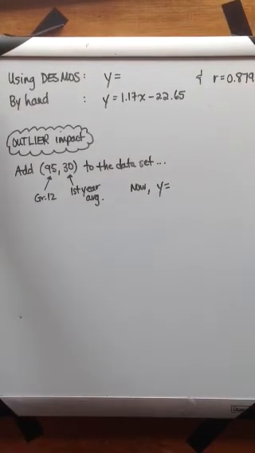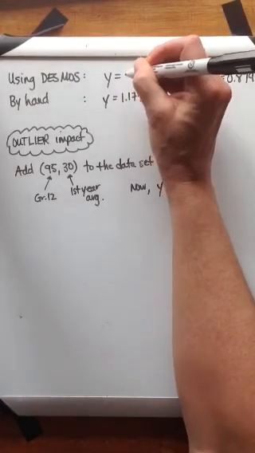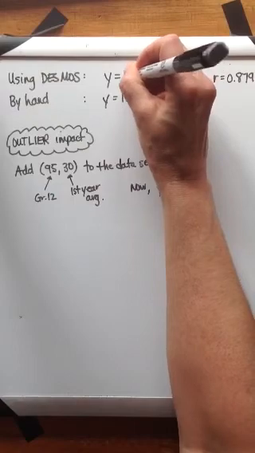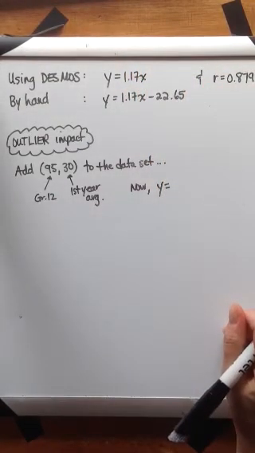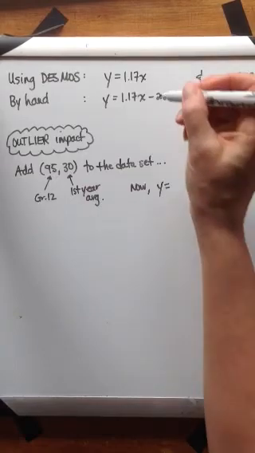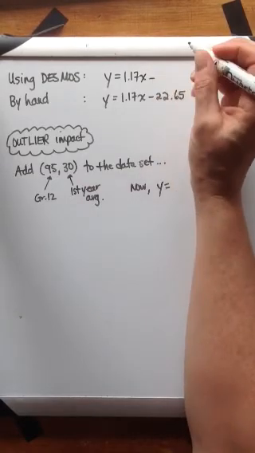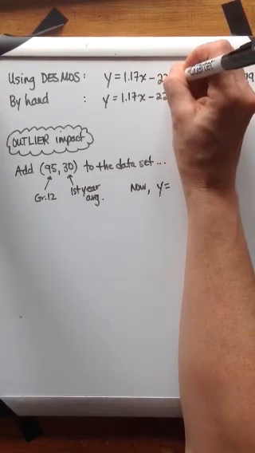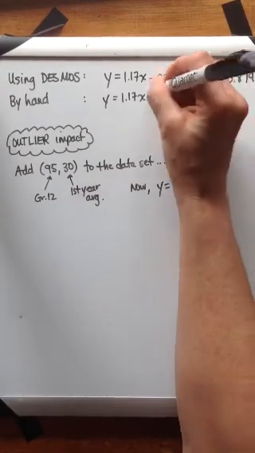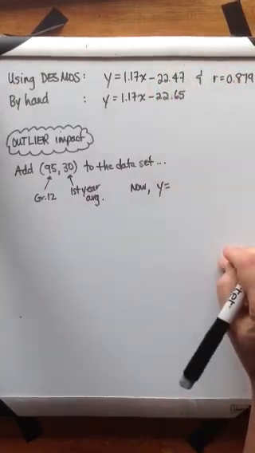So let's take a second just to write those down in your notes and compare them to what we had before. So using Desmos, we end up with an equation that reads y equals, well, it says 1.167, so it rounds to 1.17, the same as we calculated in the previous video. And then it has a b value of negative 22.47. And I mean, there's a slight difference here, but they're pretty darn close.